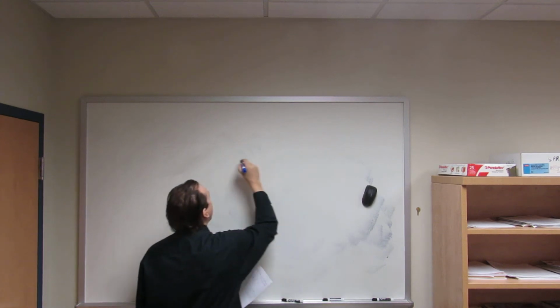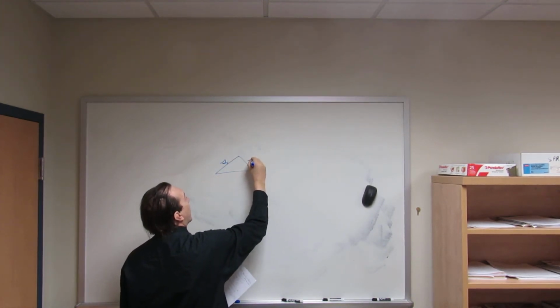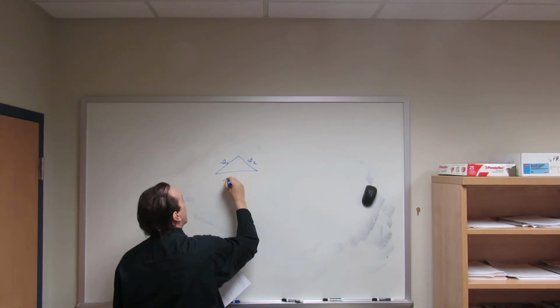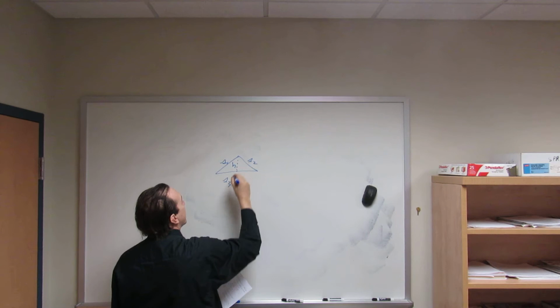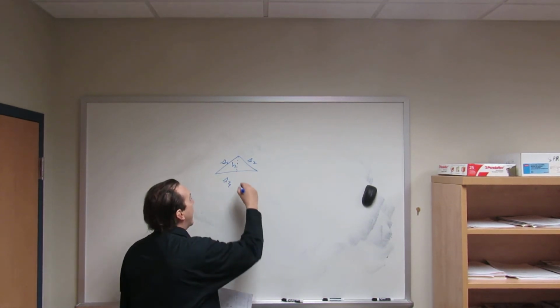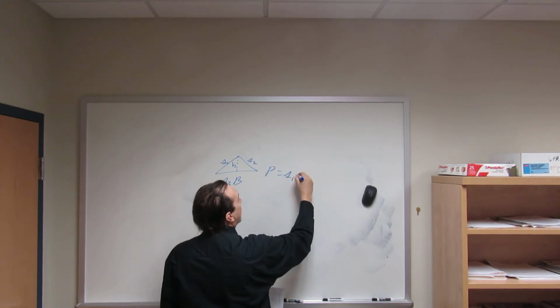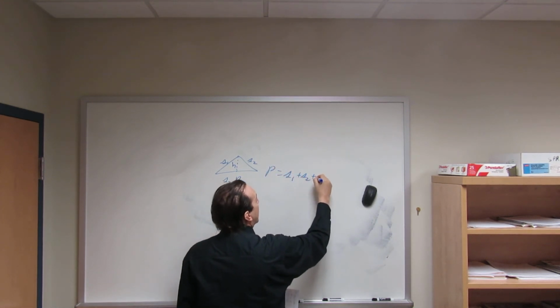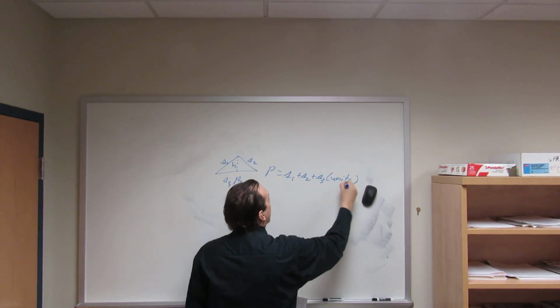Okay, so a triangle, that's side 1, side 2, side 3, and we have a height. The bottom is also called the base. So perimeter equals side 1 plus side 2 plus side 3, and it's in units.